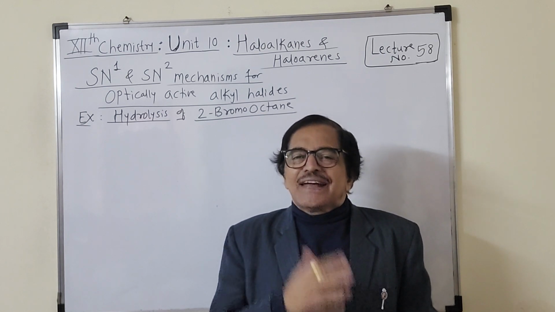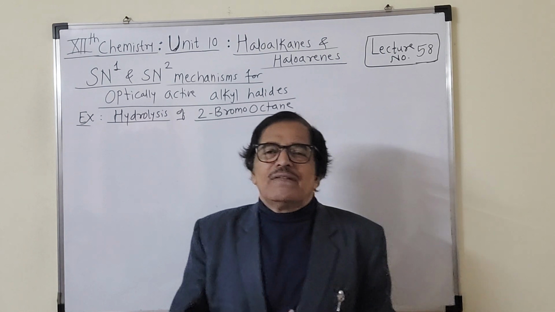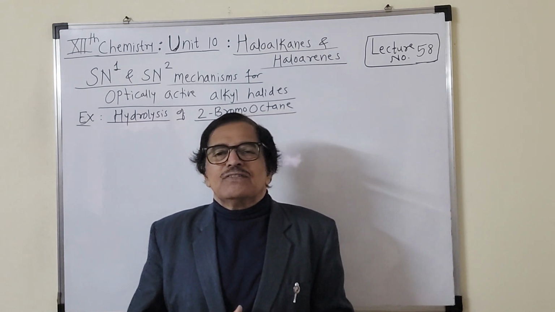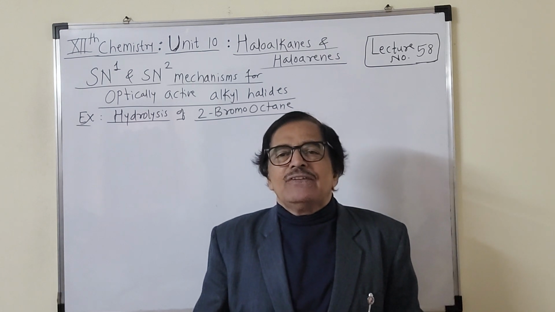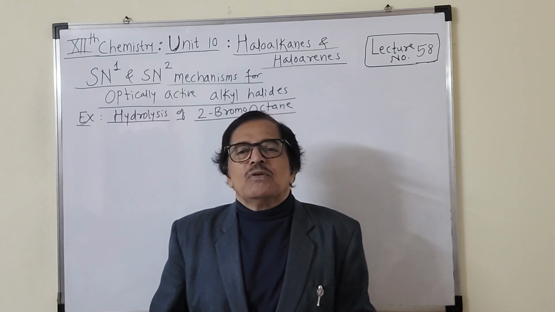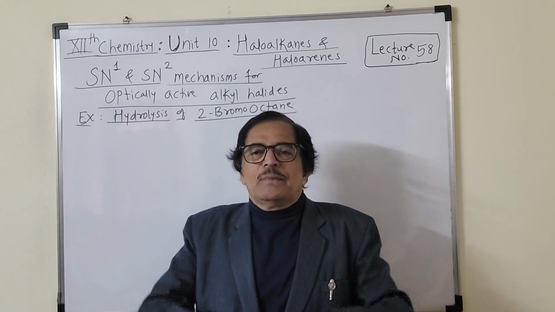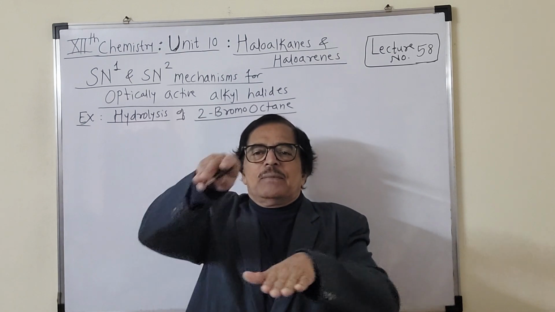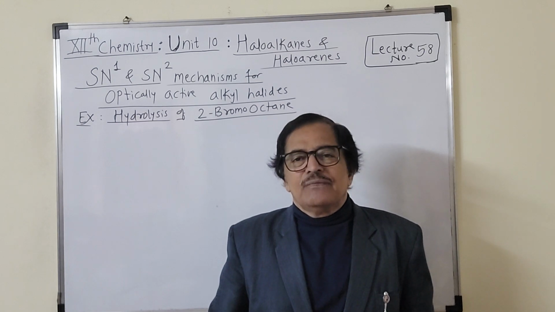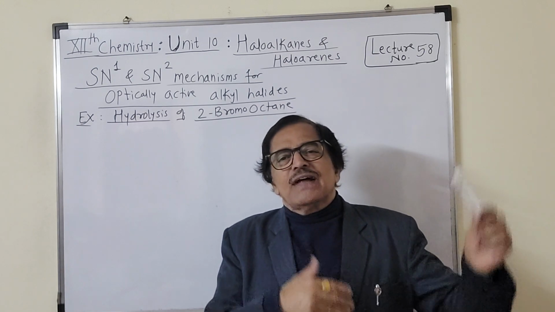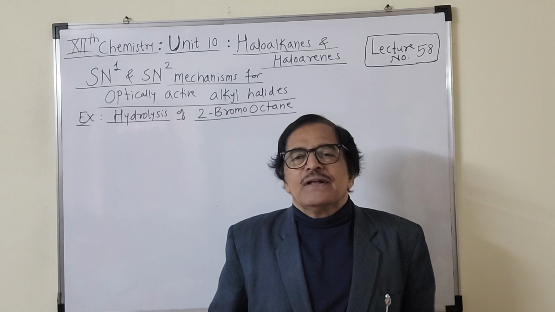Okay. The second characteristic I had given: the structures of the two isomers should be related to each other as object and non-superimposable mirror images. That means if one structure is lifted up and placed on the other, all similar groups should not coincide. All this part we have discussed in the earlier videos, you can check that.